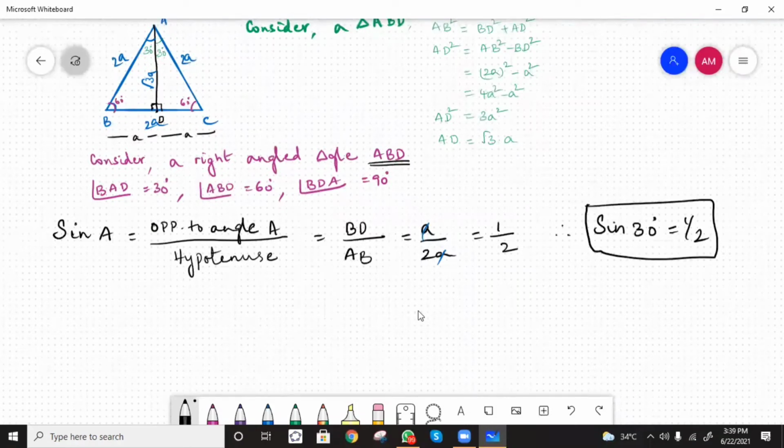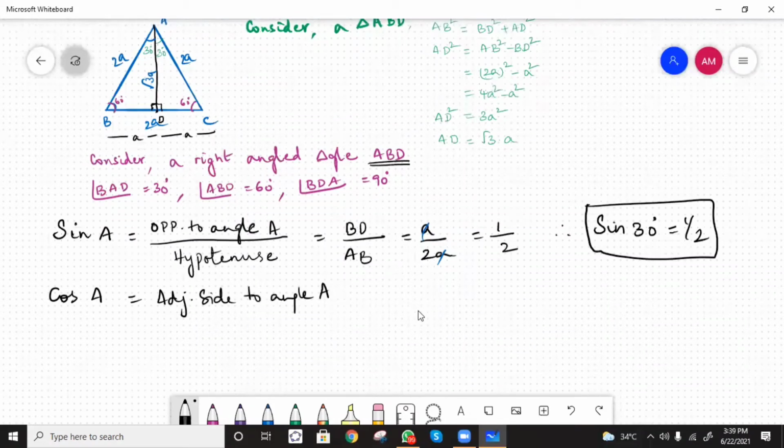Next, let us move to cos 30. First, we find all the trigonometric ratios of 30. So cos 30 will be the adjacent side to angle A divided by hypotenuse. What is the adjacent side to 30 degrees? It's nothing but AD. AD divided by AB.